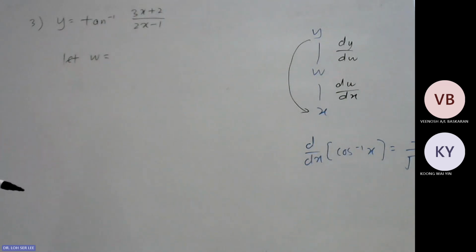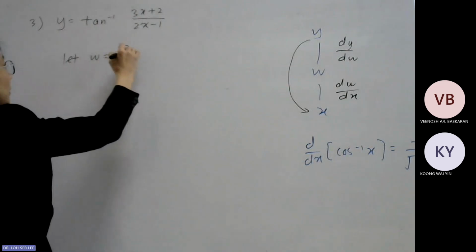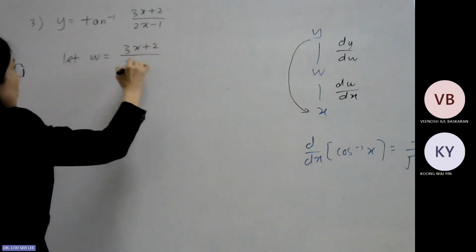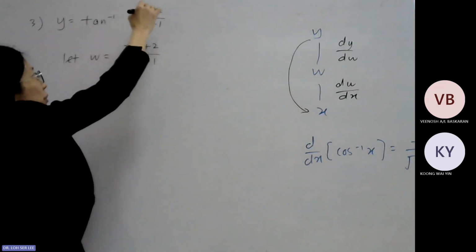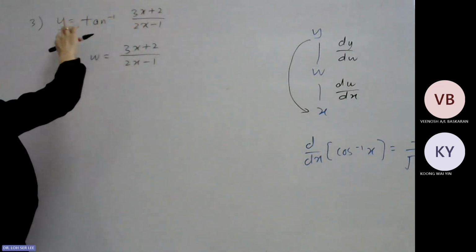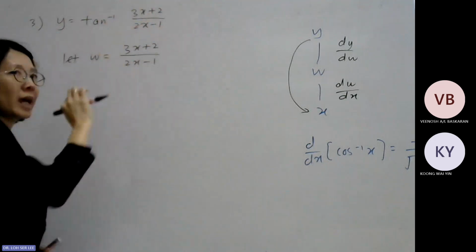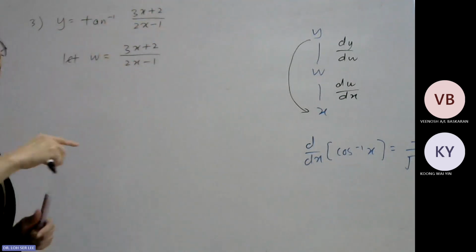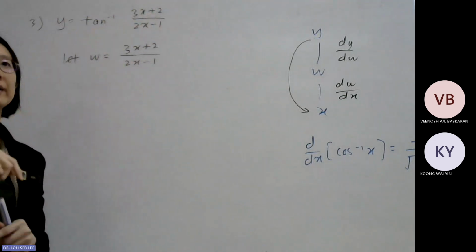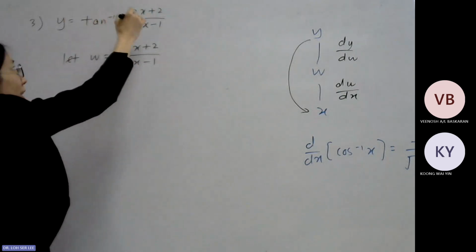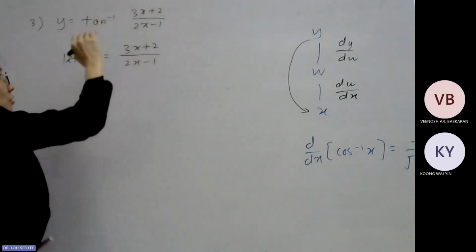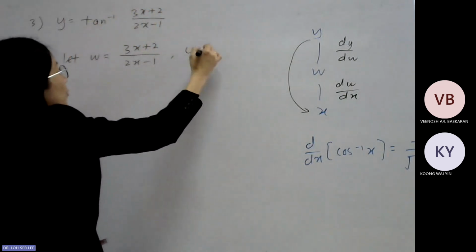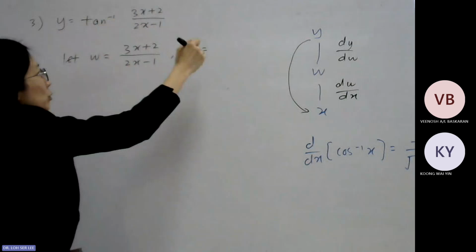You can't take 3x plus 2 as your w only. If this is w, then your y will be in terms of w and x. We want it in terms of a single variable. So you can't let this be w because you still have x here. So you let the whole function be w so that your y will be arctan w.